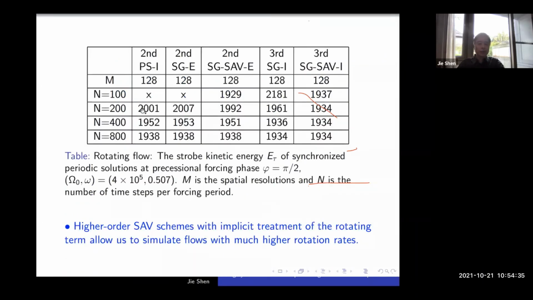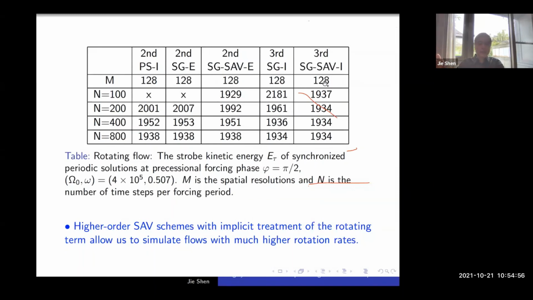this scheme is a little bit hard to explain, but we just need to look at this number and this number here. This is the number of time steps per Poincaré period.